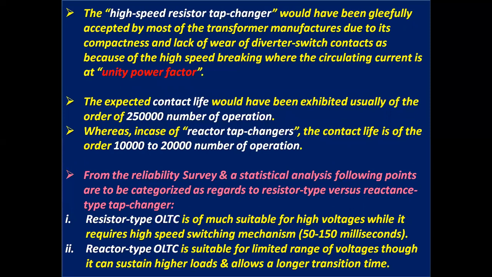The high-speed resistor tap changer was readily accepted by most transformer manufacturers due to its compactness and lack of wear of diverter switch contacts, because of the high-speed breaking where the circulating current is at unity power factor.